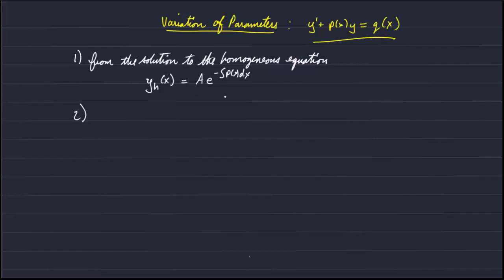So that was the solution to the homogeneous equation. And from there, you're going to allow the parameter a to vary with x. Hence the title, variation of parameters.